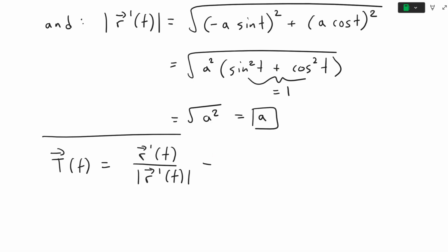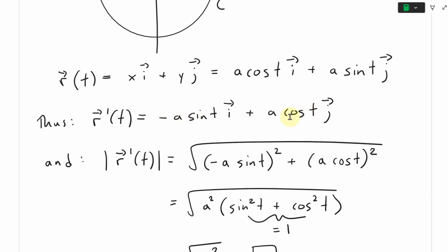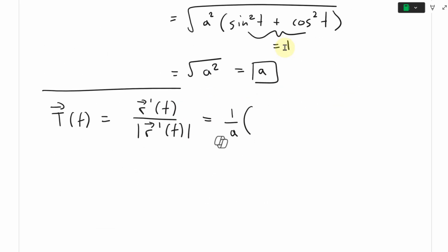All right, so this equals, well, the bottom is going to be 1 over a, so let's put 1 over a like that. And then times the derivative, which is this part right here, negative a sine t, a cosine t. So negative a sine t i, I forgot to put the i, because it's a vector we have to put the components, plus a cosine t j, like that.